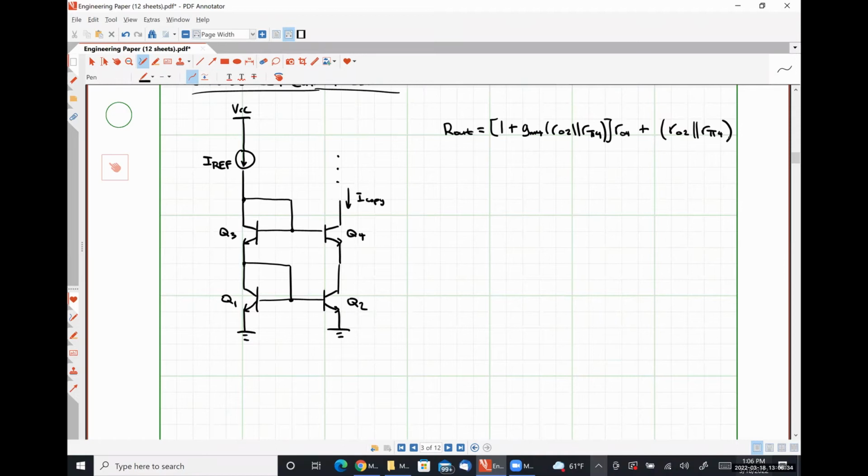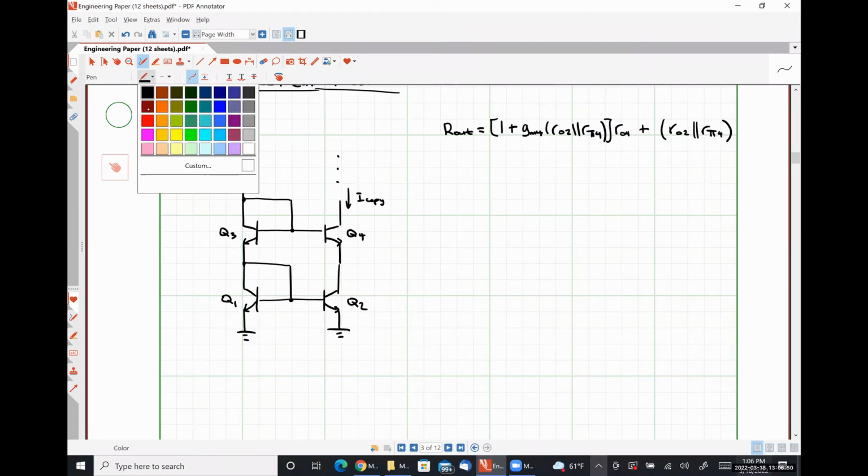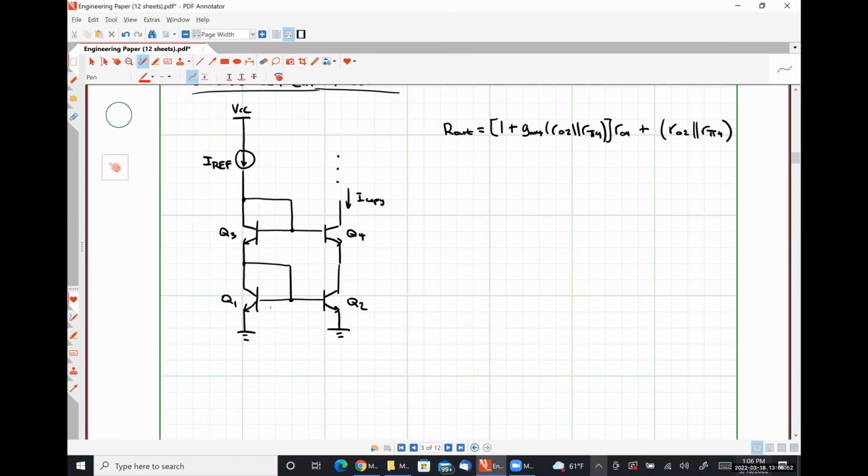So what we're going to talk about now is the ability of this device to generate a copy current based on I reference. Okay. So what we should observe here is that this voltage VBE1 is the same as this voltage VBE2.